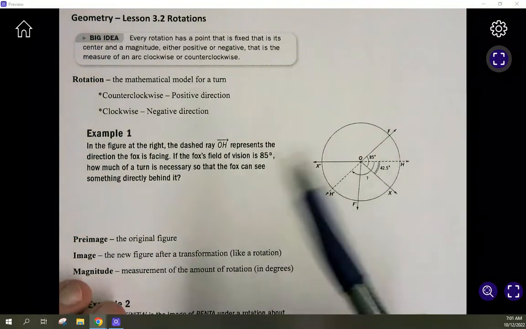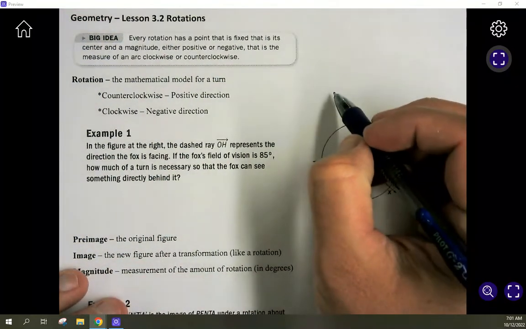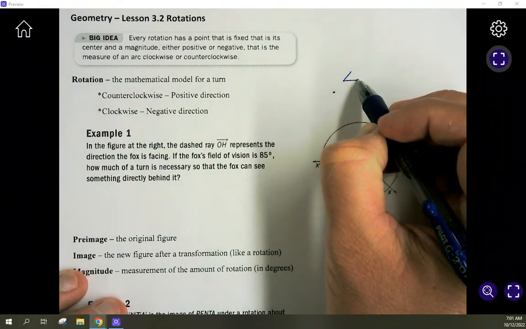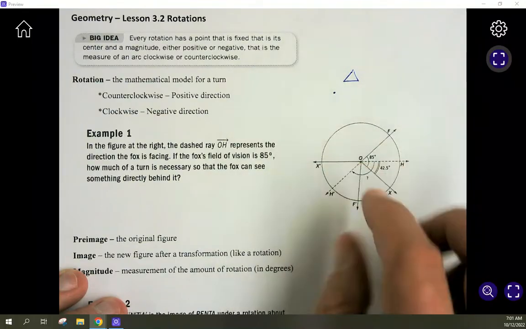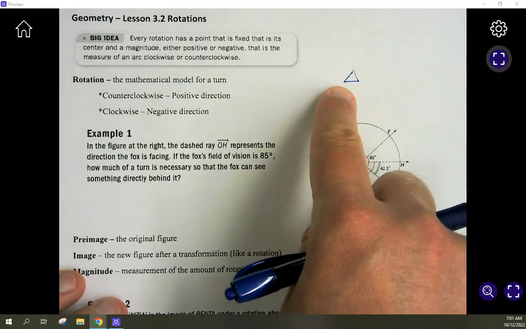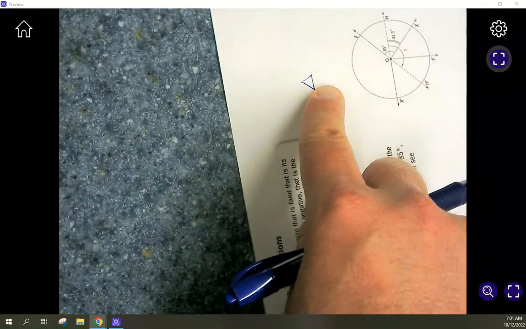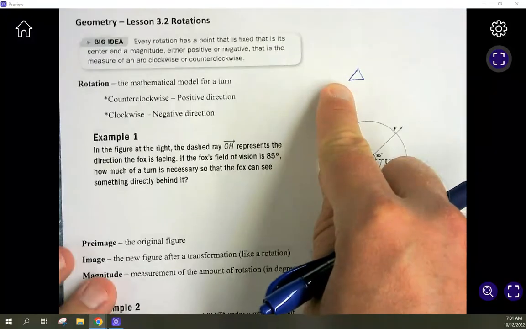So a rotation is just the mathematical model for a turn. So you have a center and you've got some kind of figure, and that figure is going to spin around it. And so that center actually stays where it's at, and we rotate those figures around the center one way or the other.